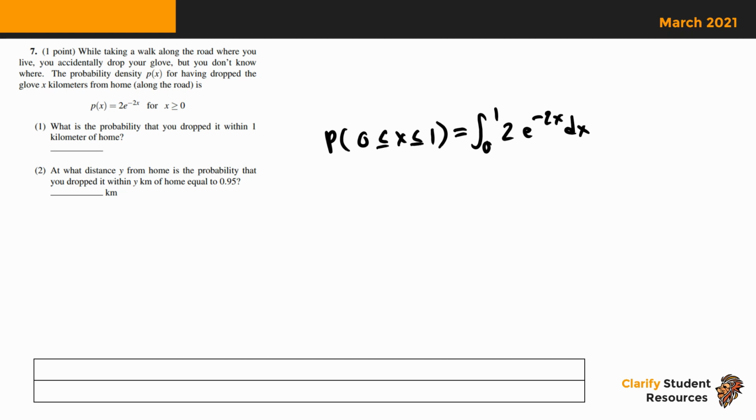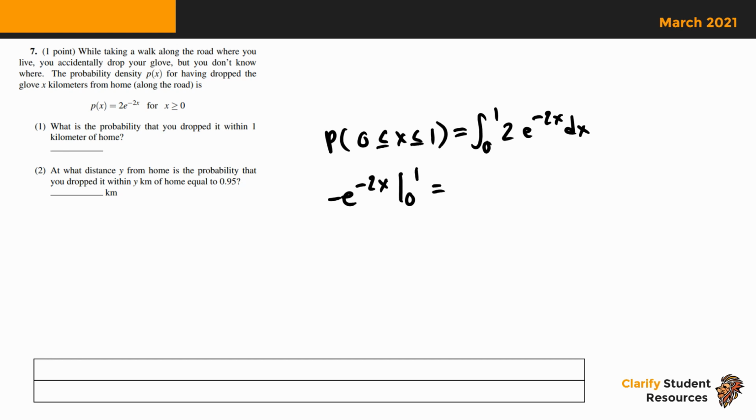Okay, so what we're going to see is that the integral of this function is basically going to be negative e to the negative 2x. And this is going to be evaluated from 0 to 1.